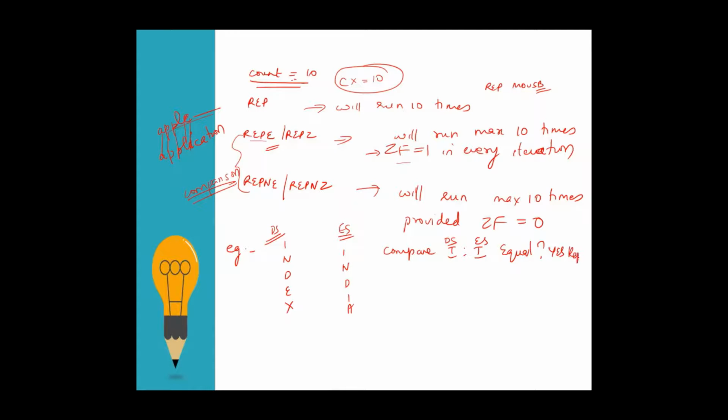So I'll repeat the same procedure. Next, I'll compare N of the data segment with N of the extra segment. Again equal, so I'll have to repeat. Next, I'll compare D with D. Again it's a yes, so again I'll have to repeat.